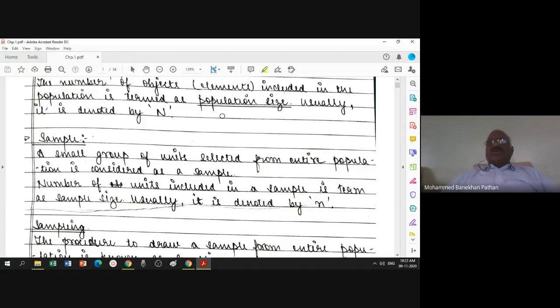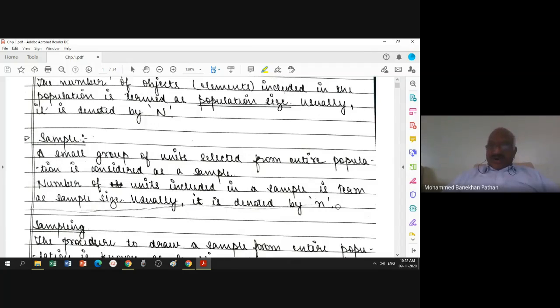Number two, it will take much more manpower. Number three, it will take much more cost to study the entire population. So in order to overcome these three things, we prefer a sample.